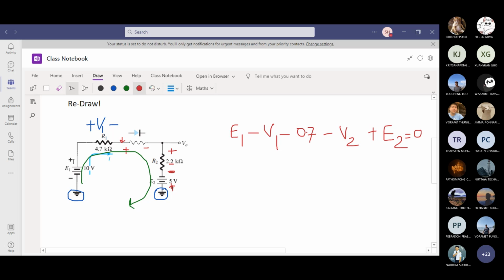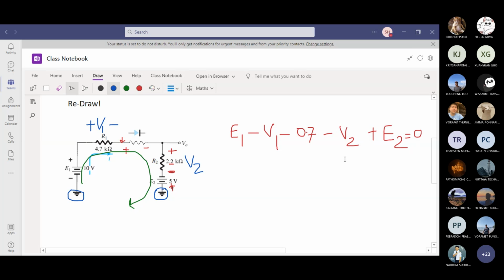So E1, second one, minus V1 minus, for a silicon diode, 0.7, minus V2. V2 is across the resistor R2. So let me make it clear. V2 is not V out. V2 is just the voltage across R2. And then what is the second symbol of this battery? Minus plus. So plus 5 equals 0.